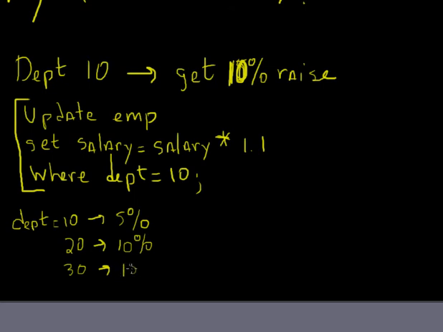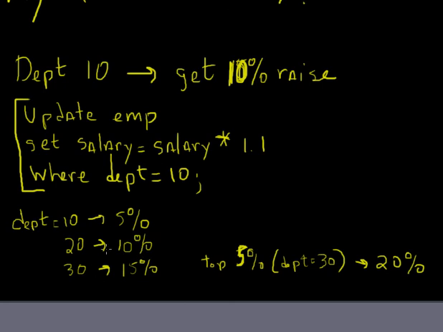a 15% raise. But Department 30 is my sales department, so I want to say the top 5% of my sales department, where department equals 30, I really want to give those guys a 20% raise, because they're the top 5% of sales guys in my organization, and I want to reward them and keep them happy.